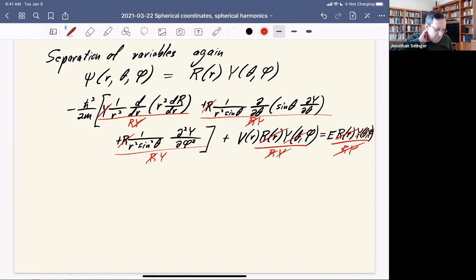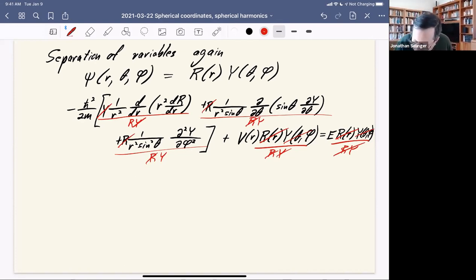Now, what else can we do to simplify this thing? There are too many factors of R squared in the denominator. I'm going to multiply through everything by little r squared. That'll be some level of simplification.